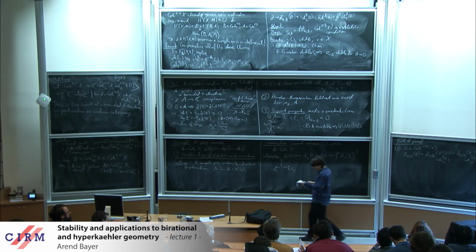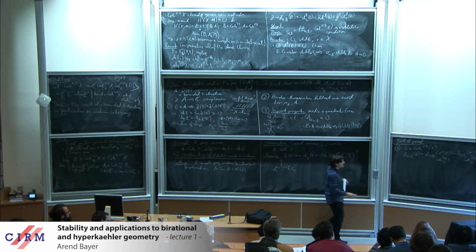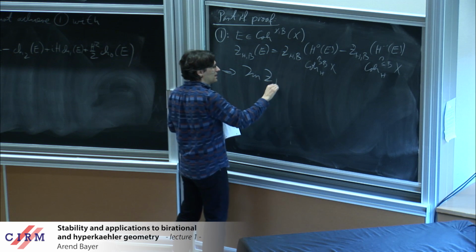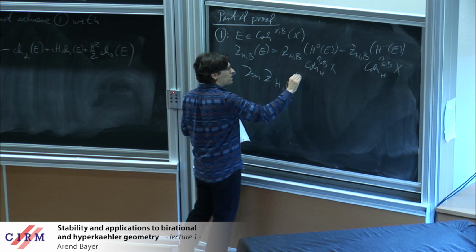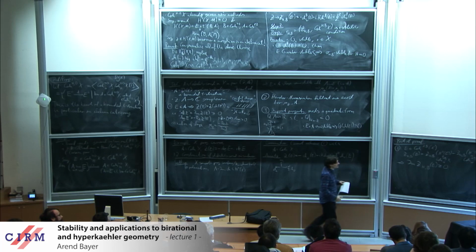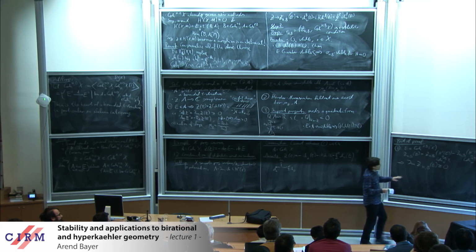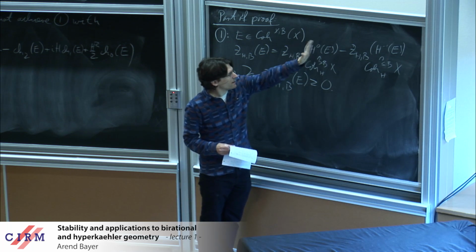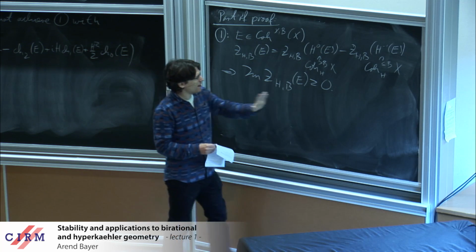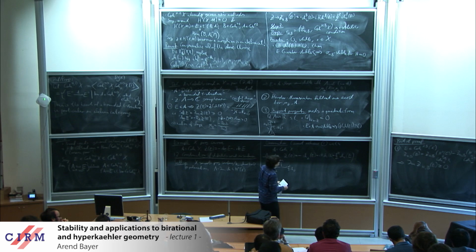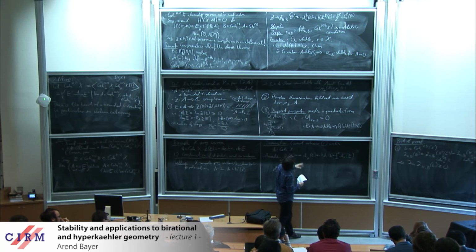And basically by construction, it's immediate that the imaginary part of the central charge is non-negative. In fact, if you have some torsion-free part, its Harder-Narasimhan filtration factors have strictly positive slope, and in particular positive Chern 1.